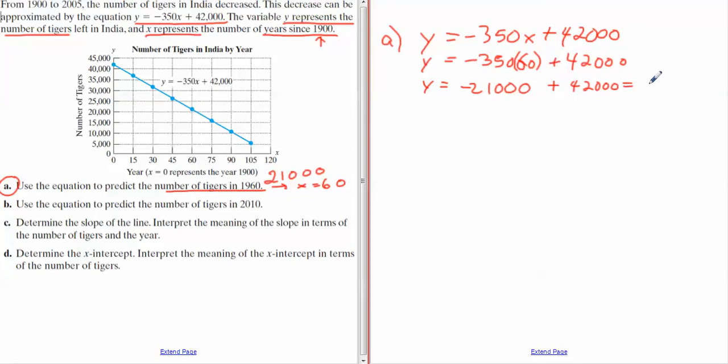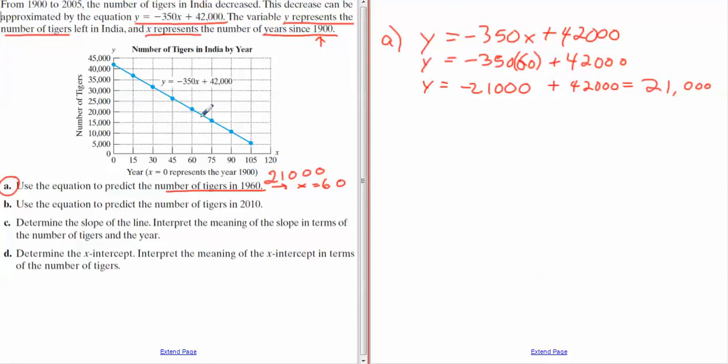So y is equal to negative 21,000 plus 42,000, which equals 21,000. All right, so what is y equal to? y equals 21,000. y is the number of tigers in India, and that's in 1960, because it's 60 years past 1900. So in 1960, 60 years past 1900, we have 21,000 tigers.